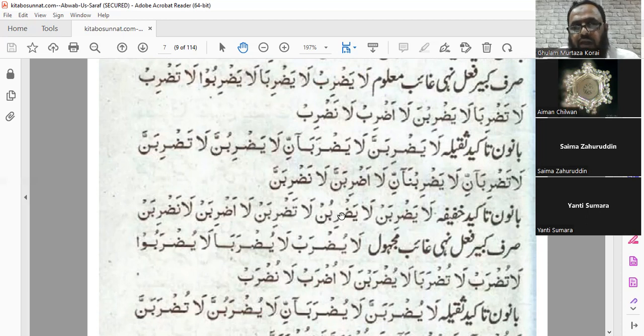Nun Taqid Thaqila: La Yadribanna, La Yadribanni, لا يضربن لا تضربن لا تضربان لا يضربنان لا أضربن لا نضربن. Then Nun Taqid Khafifa: لا يضربن لا يضربن لا تضربن لا أضربن لا نضربن.